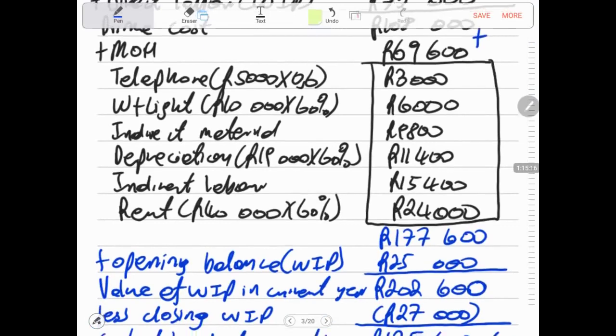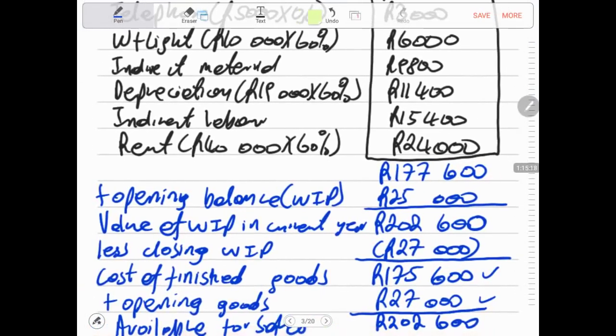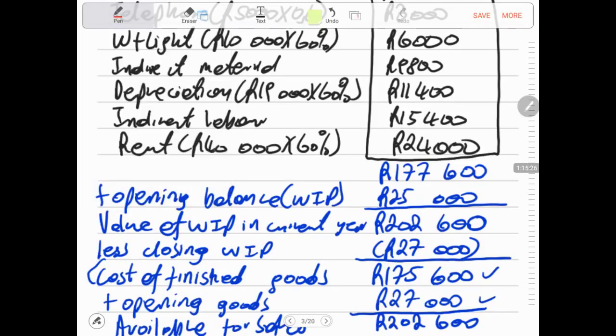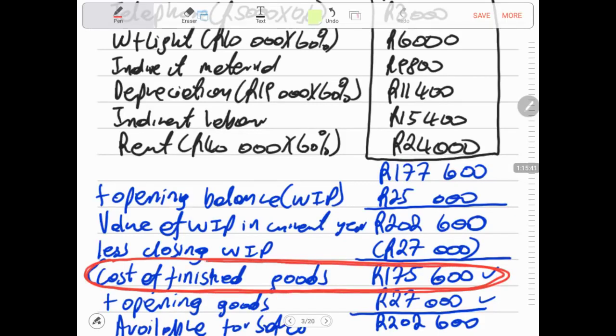And the manufacturing cost, or the cost of goods finished. This was the value of goods that were finished during the year. Then you said out of what was finished during the year, we added opening. This is production cost, in other words, the cost of goods finished during the year.